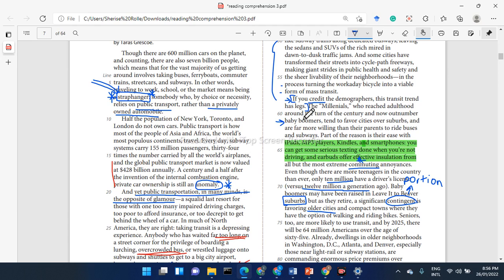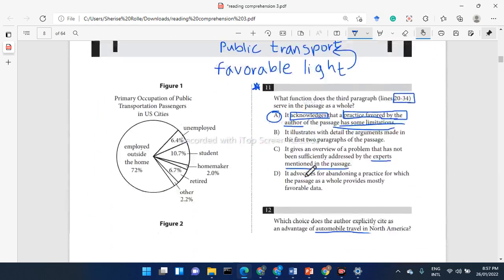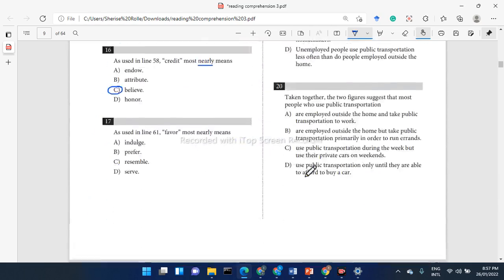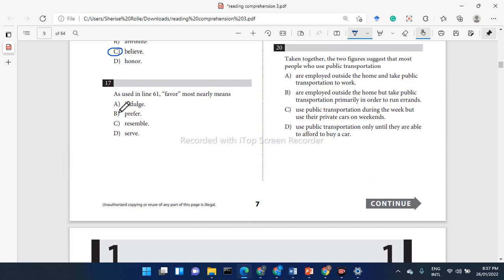Oh no, go to 16. All right, so baby boomers tend to favor cities over suburbs. That's definitely prefer. We know that. All right, so prefer is B.